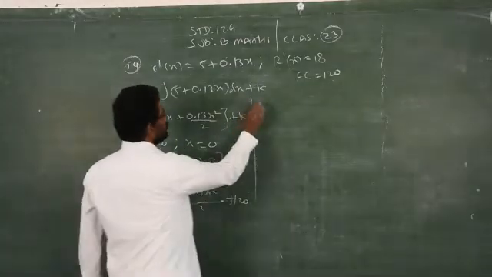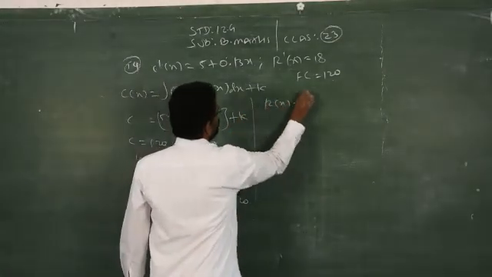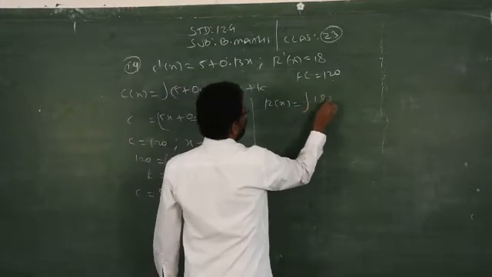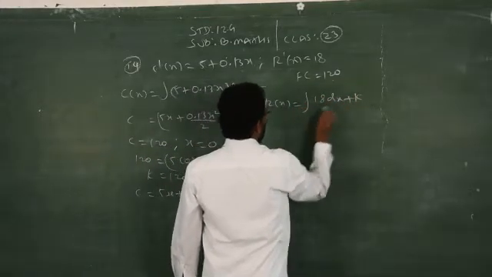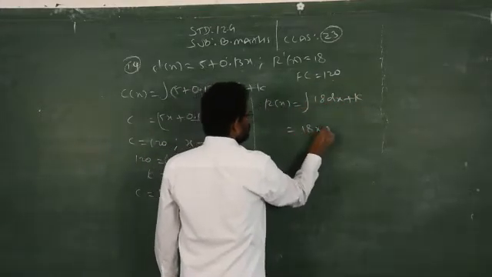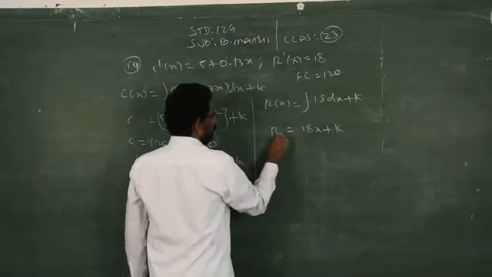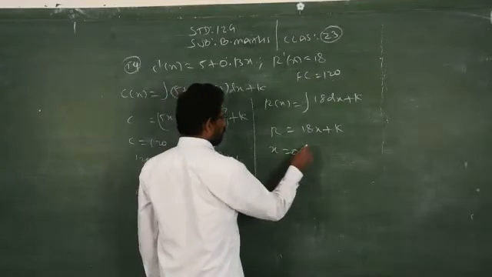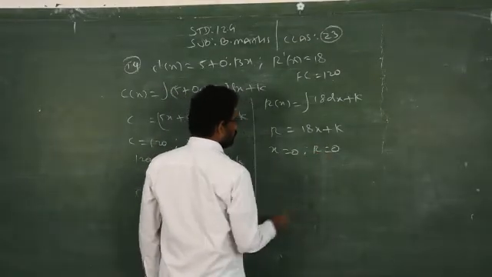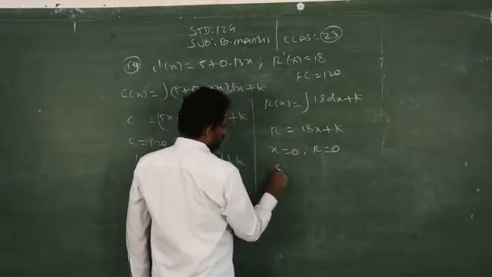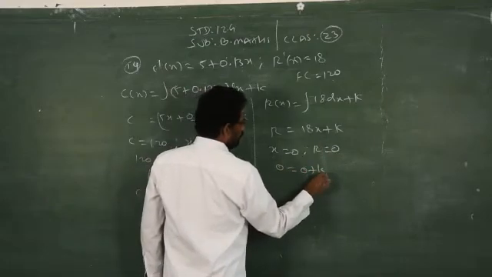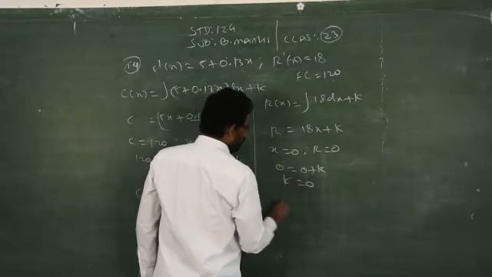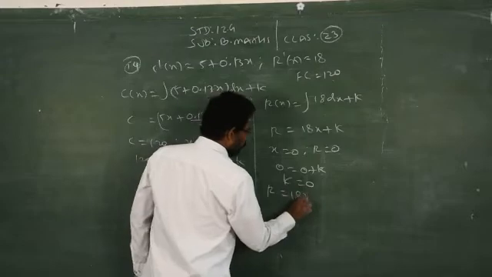We have the revenue function. Revenue is equal to the integral of marginal revenue plus k, so 18x plus k. No units are sold, so x is 0, therefore revenue is also 0. If you replace x by 0 and R by 0, then we get k is also 0. So the revenue function is equal to 18x.